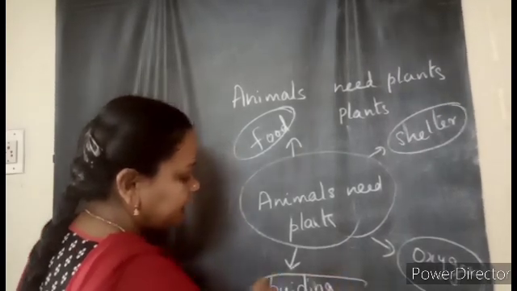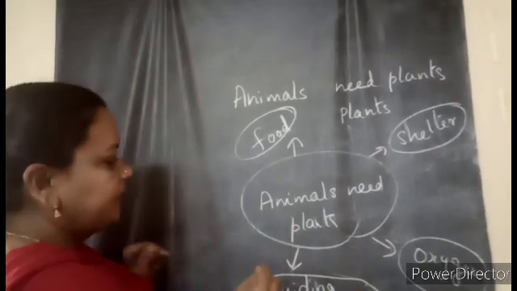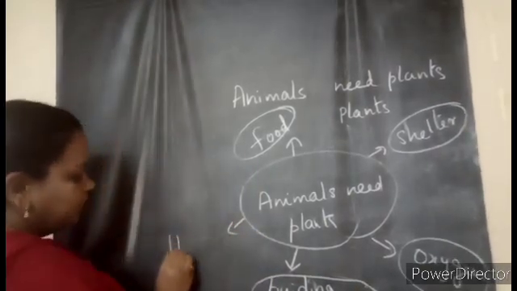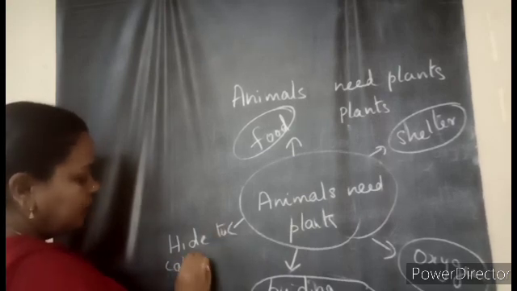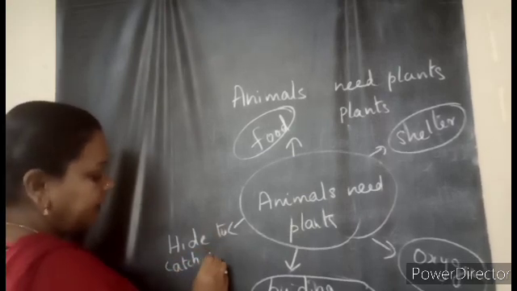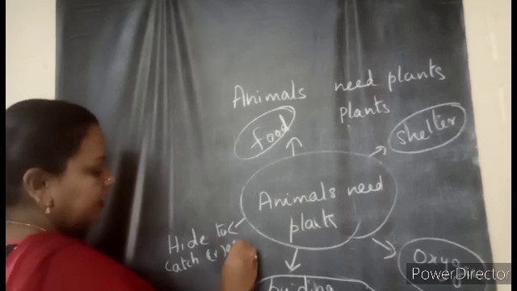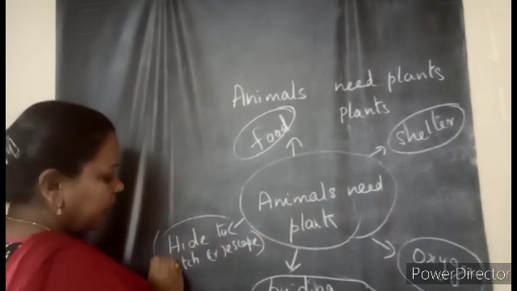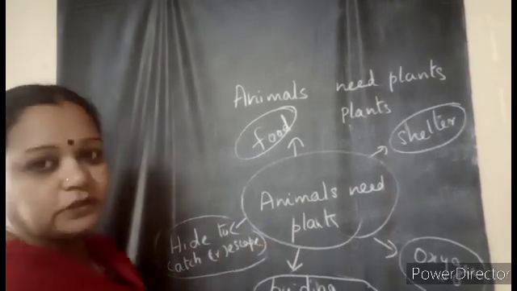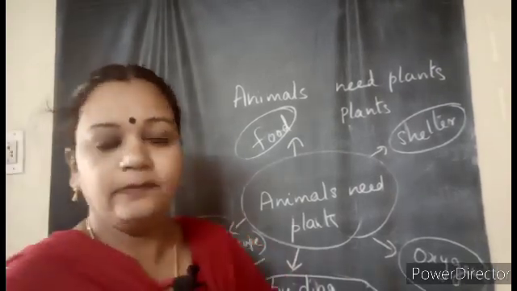They collect these from the plants only. Also, whenever they want to hide, to catch prey or to escape, for both they need the plants.